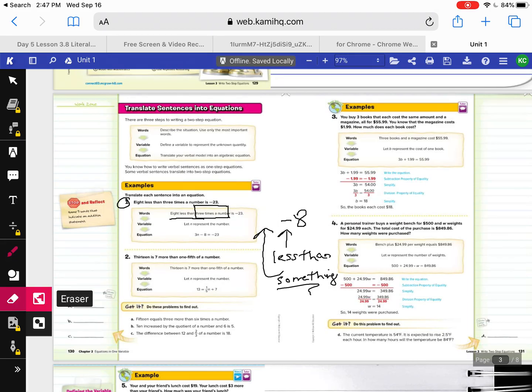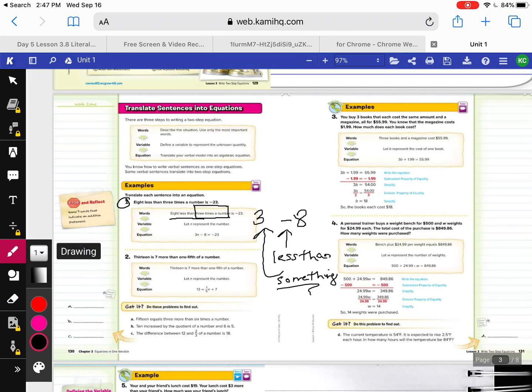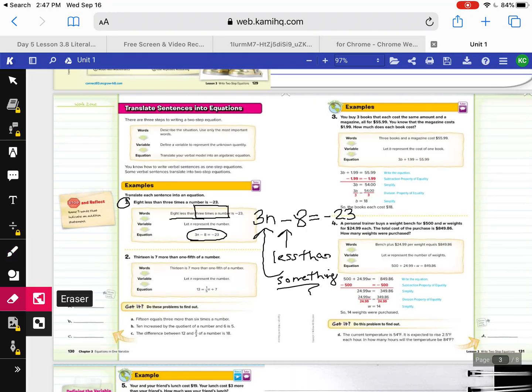So now we know that we had started with 3 times a number, and we're going to do 8 less than 3 times that number is, and we know that is our word for the symbol equal, negative 23. And so we can see here, well, there's the equation, but now we've talked through the idea behind it. So let's go ahead and look at example 2.